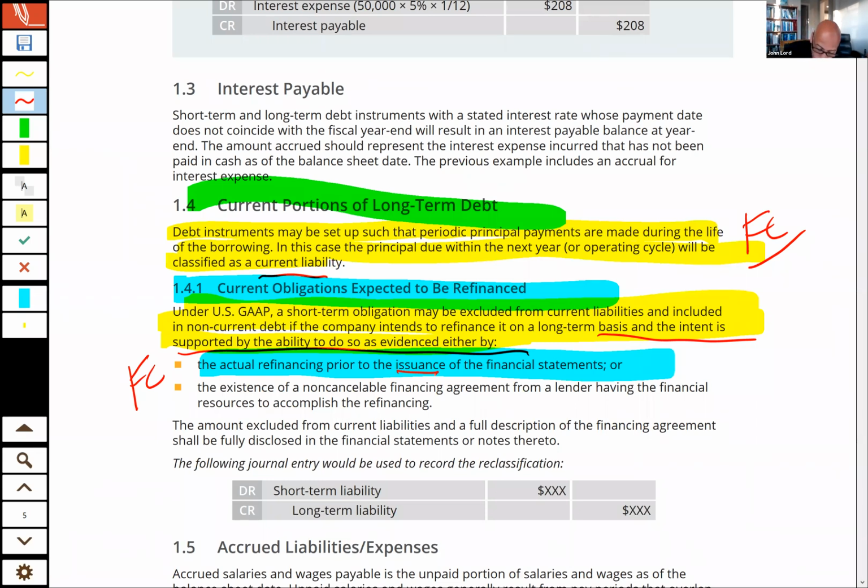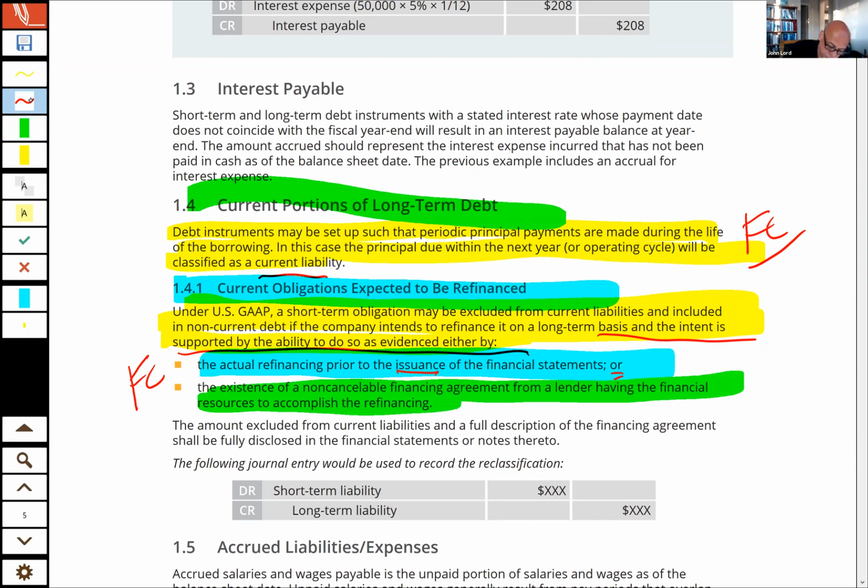Okay. Or there is the existence of a non-cancelable financing agreement from a lender having the financial resources to accomplish the refinancing. You've gone to a reputable bank, but they don't say it here, but this would have to be done by the balance sheet date.